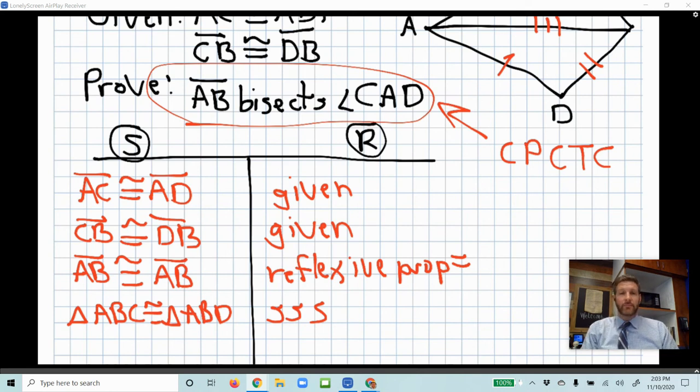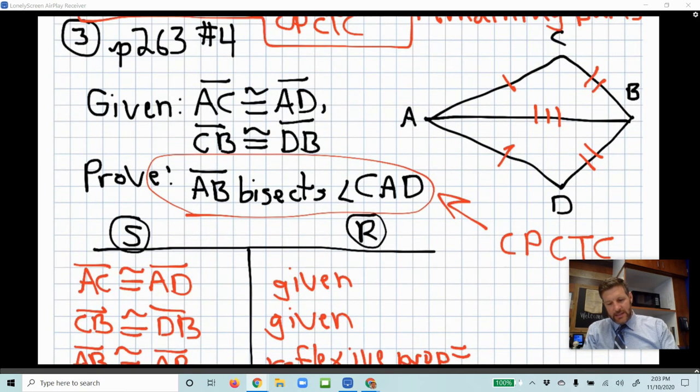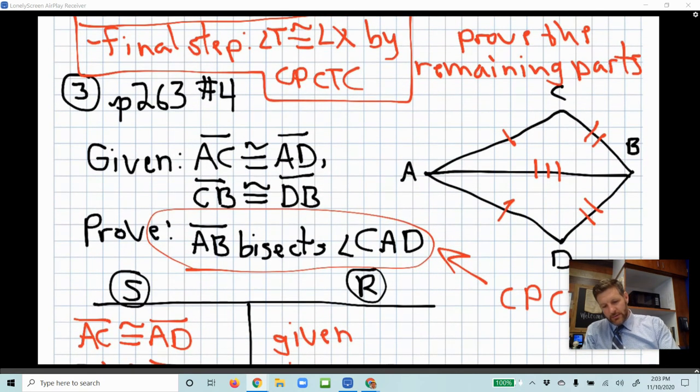Now, in a normal proof, I'd be done. Usually I have been up to this point proving triangles congruent. But now I actually have to prove that line AB bisects angle CAD. I'm talking about this angle right here. So how do I know that this angle is being bisected? Well, here's the new trick. Because the entire triangles are congruent, I know that all their corresponding parts are congruent, and that includes this angle here and this angle here. They must be equal because I've already proven the triangles are congruent.